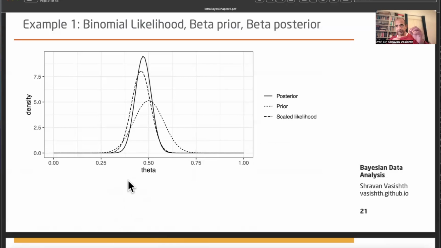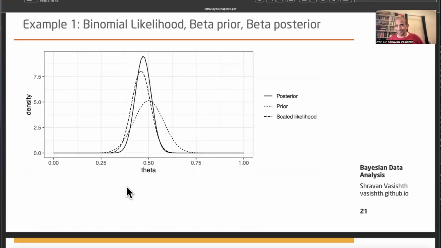So what you should notice, and what I was trying to say just now before I got sidetracked, is that the posterior distribution of theta, the solid line, lies between the scaled likelihood and the prior distribution. So it's a compromise between the prior and the likelihood. This will generally be the case: your posterior distribution will be a compromise between the prior and the likelihood.